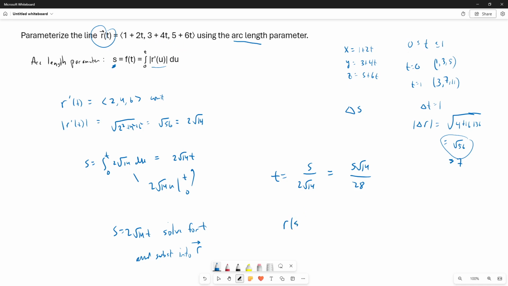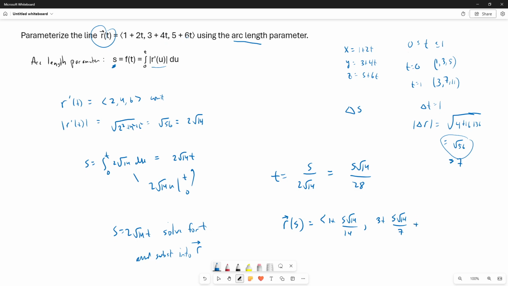So r of s is equal to 1 plus 2 times this. If I do 2 times this, I get s root 14 divided by 14. Then 3 plus 4 times t, so 3 plus 4 times this is s root 14 over 7.